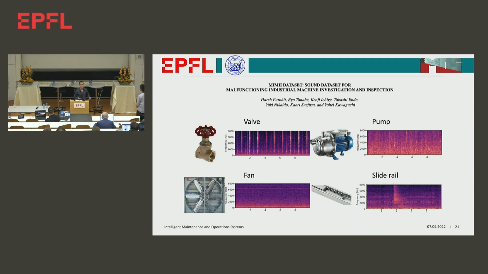What is interesting with this data set is that the sounds of the machines have very different patterns. For example, valve and slide rail are non-stationary signals. However, pump and fan are stationary signals. So it imposes, when we want to apply a methodology to all the machines, to have a methodology that is quite general.